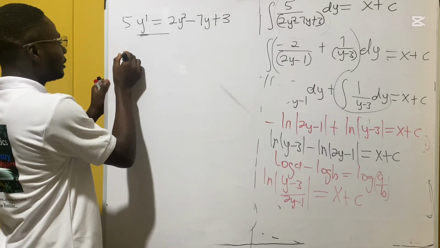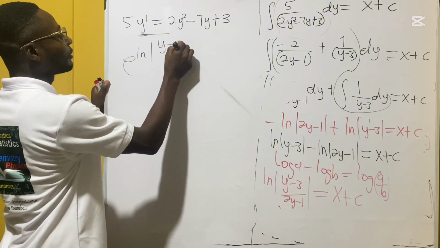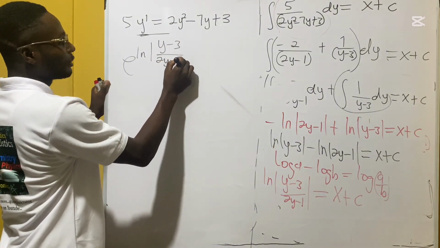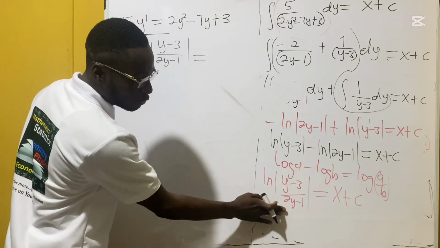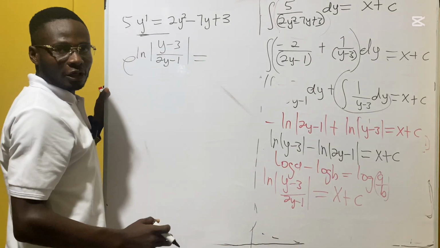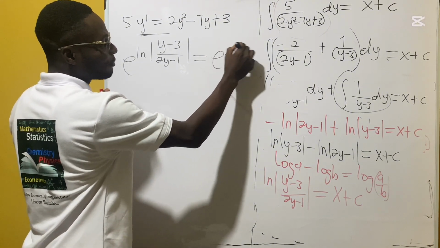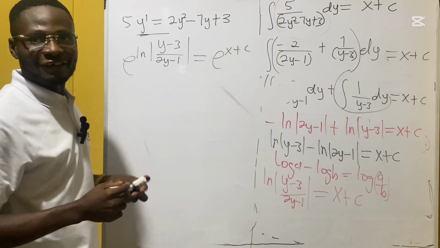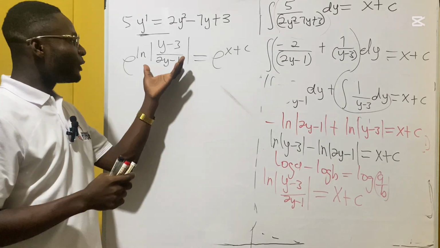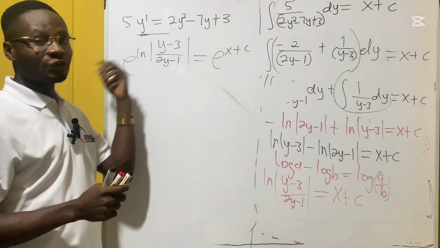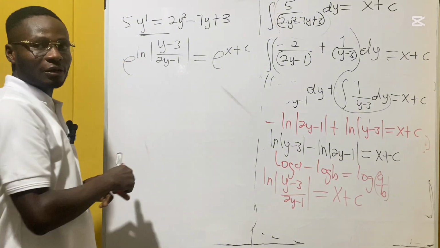So introducing the e, you're going to have e power ln of y minus 3 on 2y minus 1, and this should be equal to, whatever you do to one side, you do the same to the other, e power x plus c, right? So here, you know that when you have an exponential function, you can drop the exponent. So this big thing we have here will drop down.